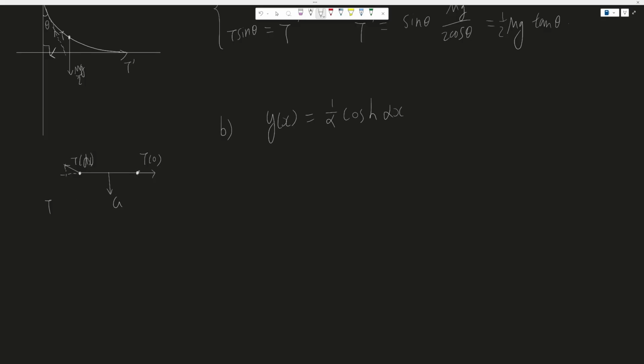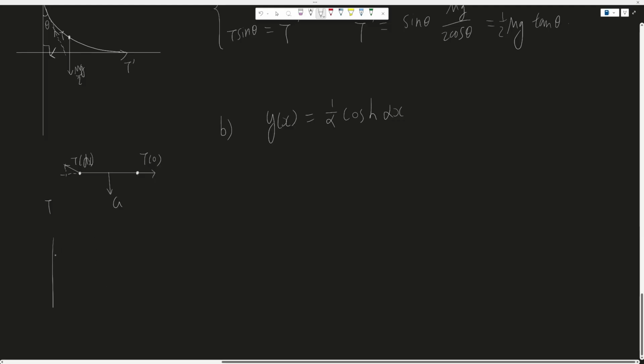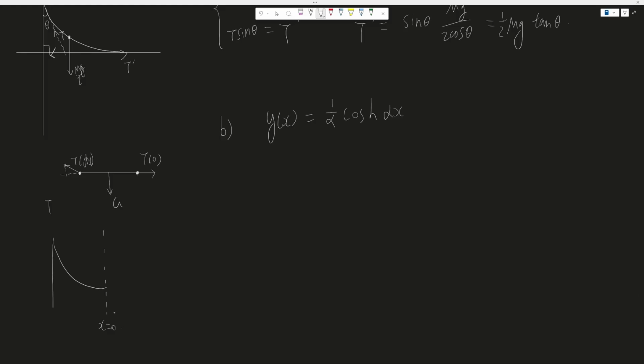So basically what this means, what T(dx) and T(0) mean, is that if we look at this curve, or let's just look at half of the curve, I call this x equals 0.